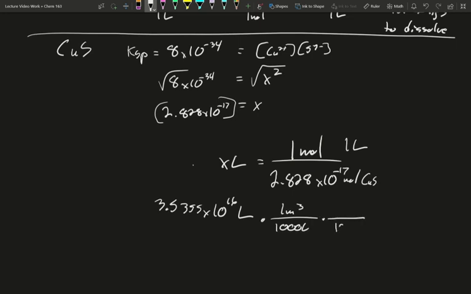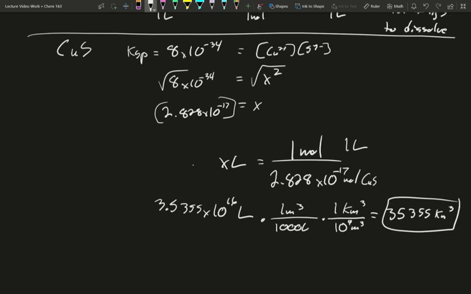There's going to be a billion meters cubed for every 1 kilometer cubed: 1,000 times 1,000 times 1,000 for the meters on each side to form the kilometer. And so we can turn that into kilometers cubed, and we'll find that it is 35,355 kilometers cubed.